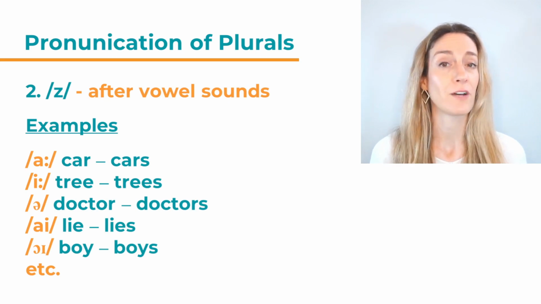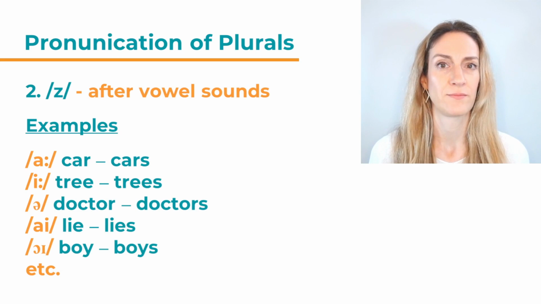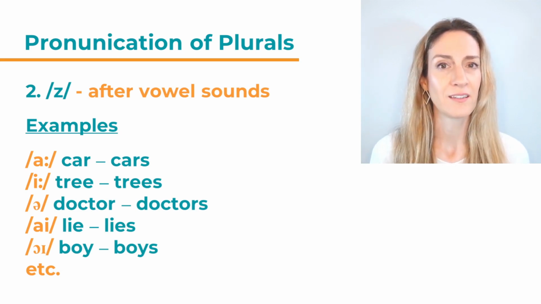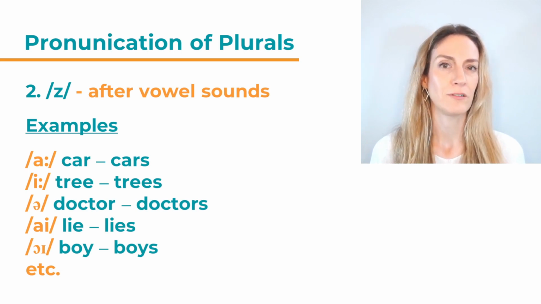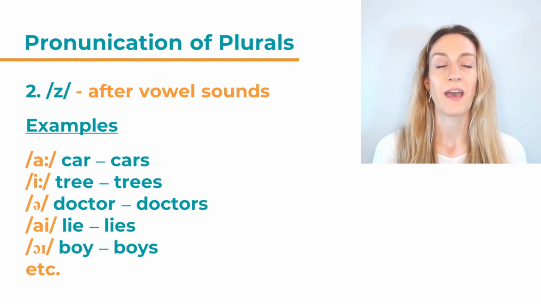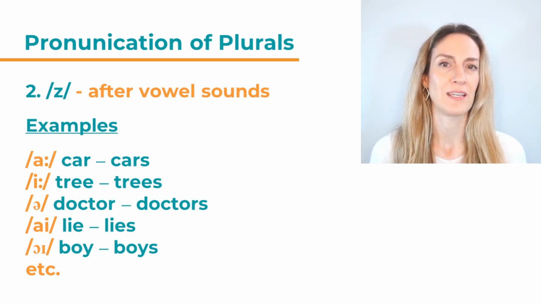Next up, we have our schwa, as in doctor, and the plural is doctors. Next up, we have a diphthong, I, as in lie, and the plural would be lies. And then we have oi, as in boy, and the plural is boys.